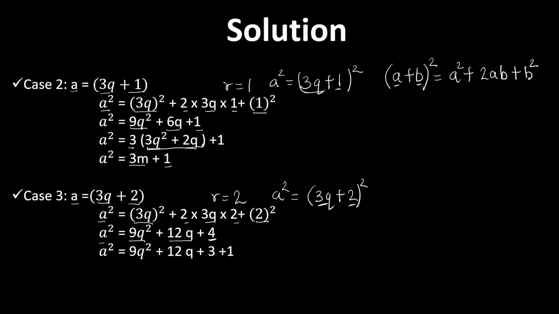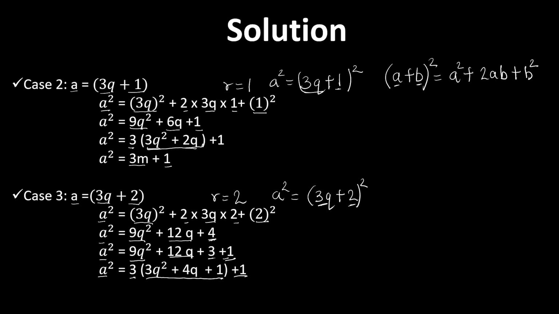So finally we will be writing a square is equal to 9q square plus 12q. This 4 we will split in the form of 3 plus 1. Now from the first 3 terms, 9q square plus 12q plus 3, we can take 3 common, right? So we'll write down a square is equal to 3 times 3q square plus 4q plus 1. And this plus 1 which is afterwards, it will remain as it is over here.